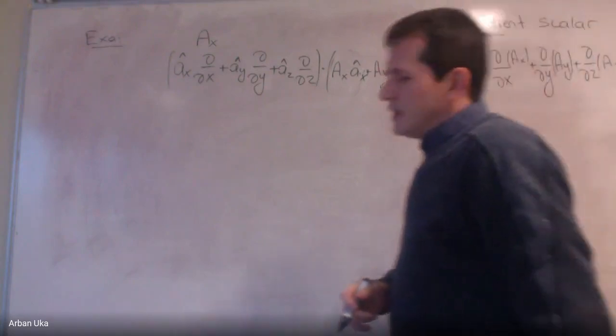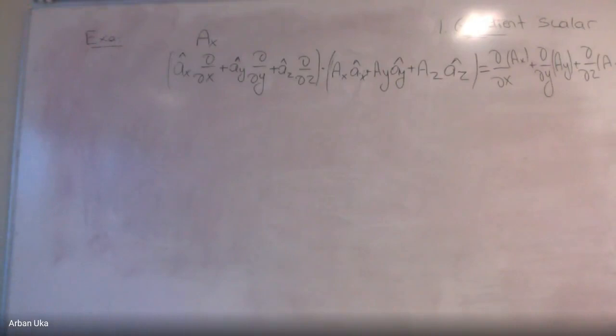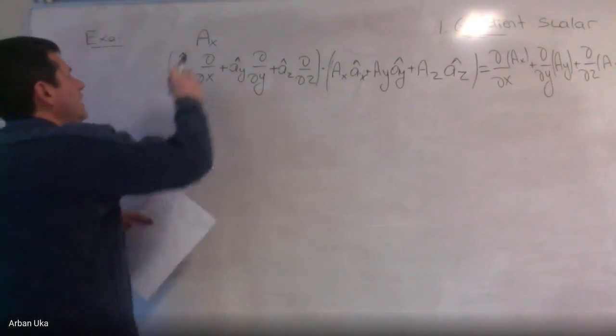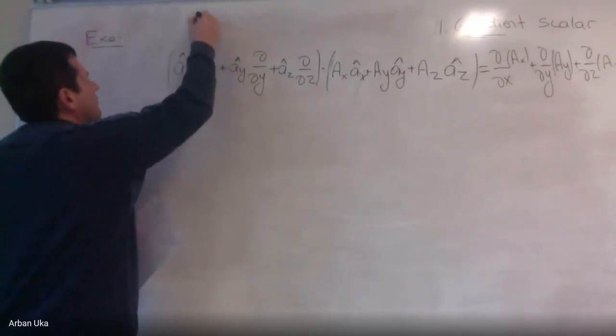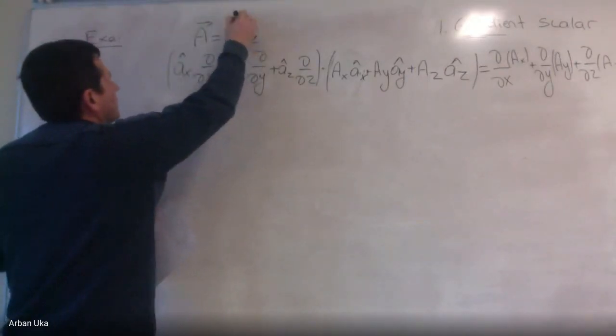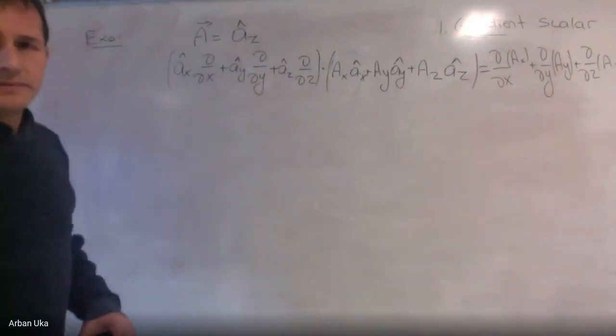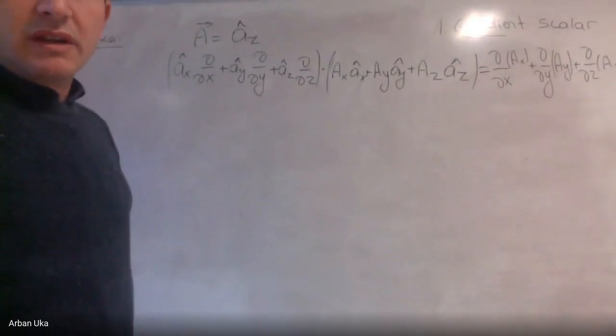Okay. Now, let me ask you a question. What is the divergence if the vector A is AZ? So what would be the divergence?